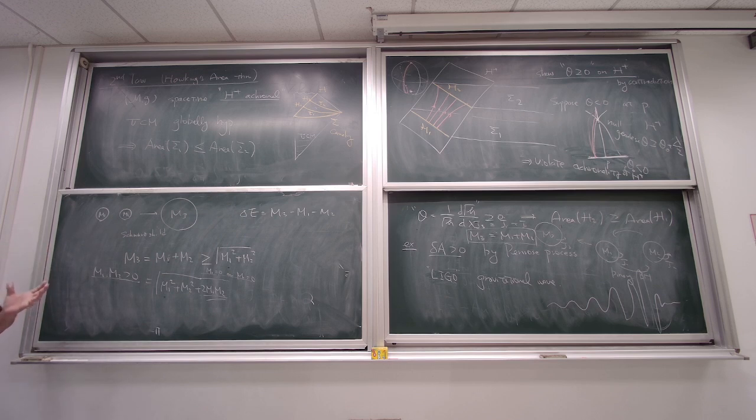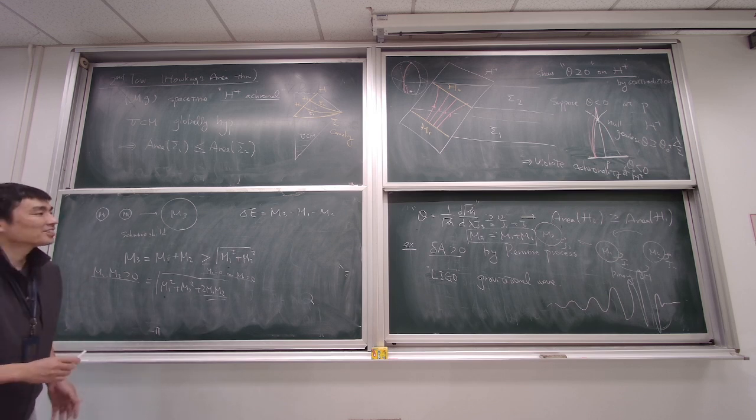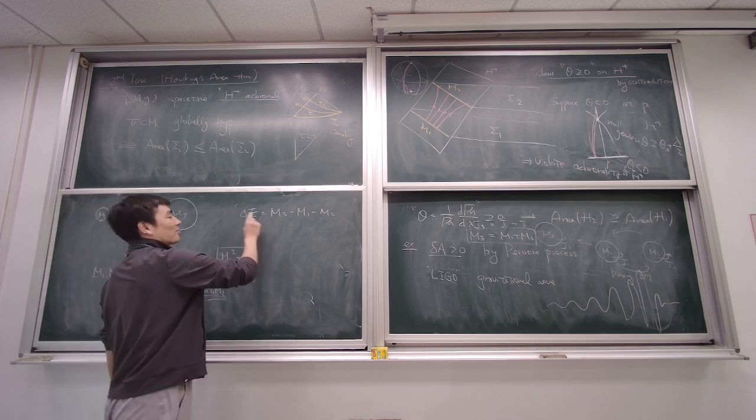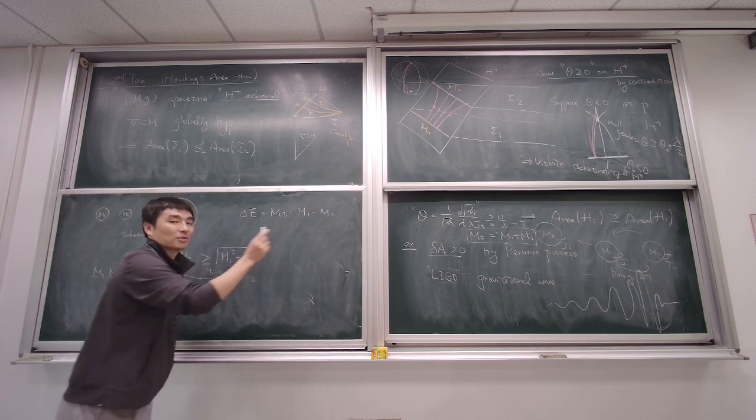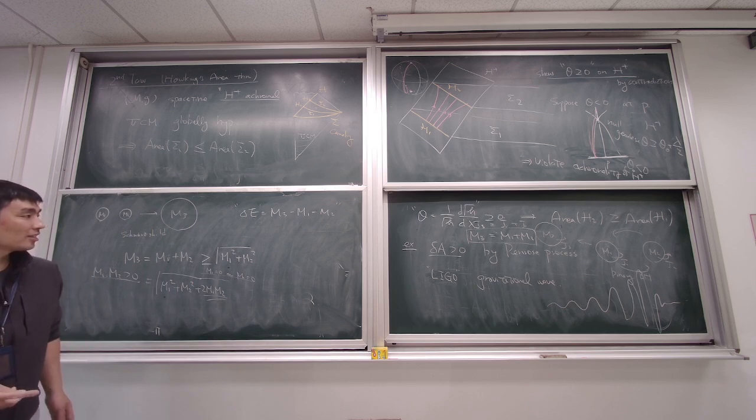Two spherical black holes somehow just merge and then become a spherical black hole. There is no such physical phenomenon, because merging will create something no longer spherically symmetric and so on. But suppose there is such a process. There must be energy loss, is this one. Okay? Energy loss is this one.